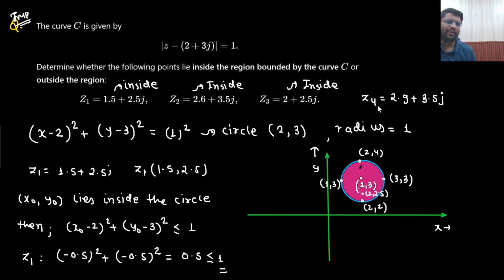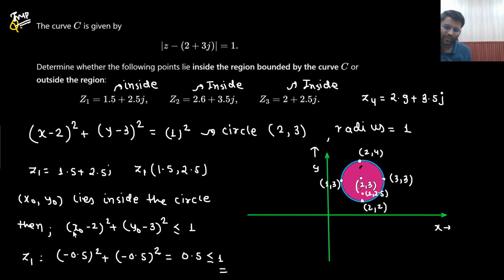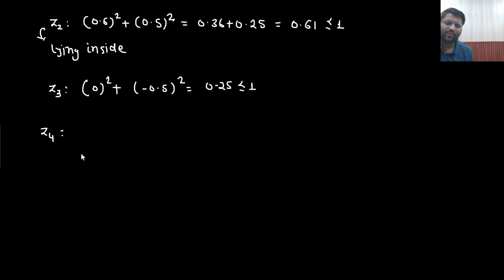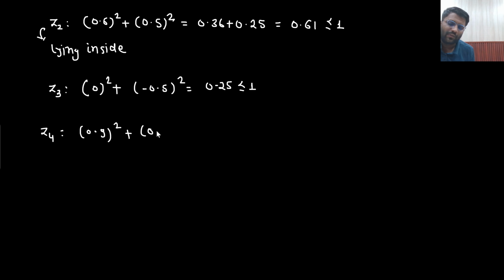So for z4, if I put 2.9 here, that will be 0.9 whole square plus, if I put 3.5 here, 3.5 minus 3, that will become 0.5 whole square.